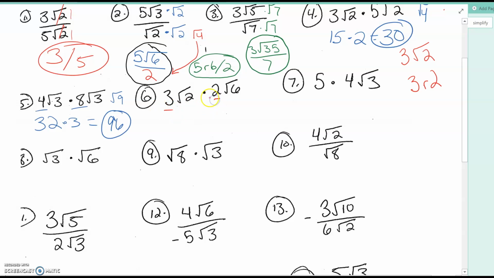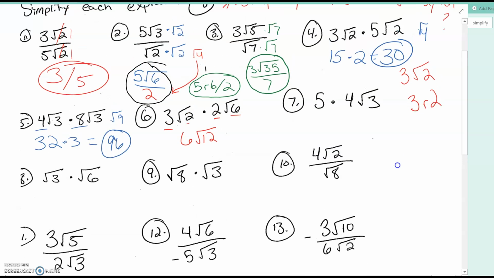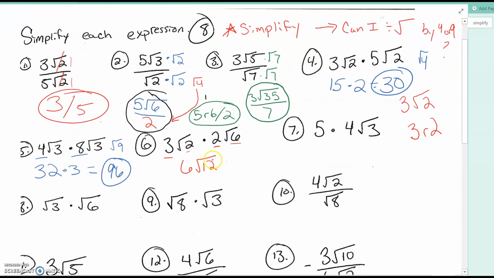Outside with outside, 3 times 2 is 6. Inside with inside, square root of 12. Now I'm going to ask myself, the one last thing I need to check. Is this number underneath here divisible by 4 or 9? Some of you guys probably stopped at 6 square root of 12.